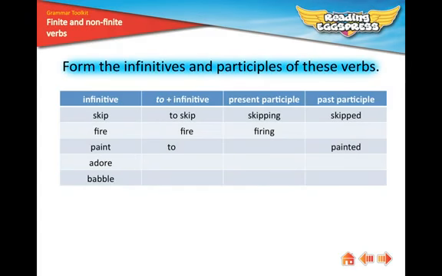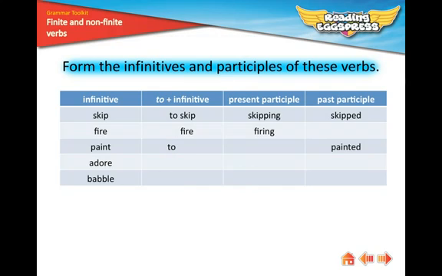Form the infinitives and participles of these verbs. So we have skip, to plus infinitive, to skip, and present participle, skipping, you add the ing, past participle, ed. You double the P and add ed. Infinitive, fire.